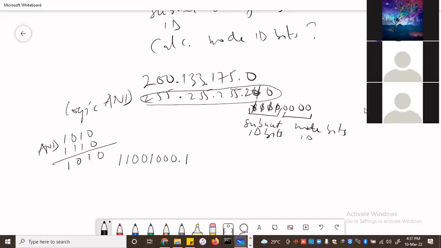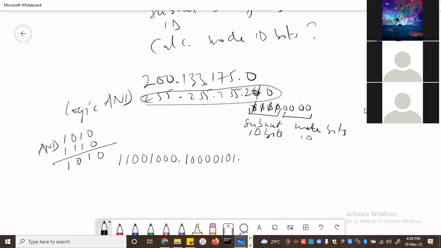So the rest is going to be 0, 0, 0, and 0 here, but 4 will be 1, and 2 will be 0, but 1 will be 1. So you have 128 plus 4, which is 132, plus 1 is 133.